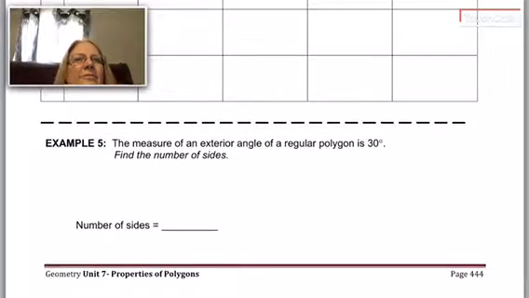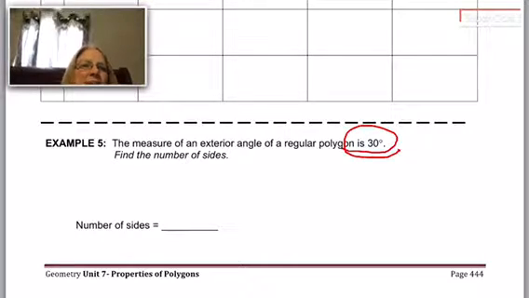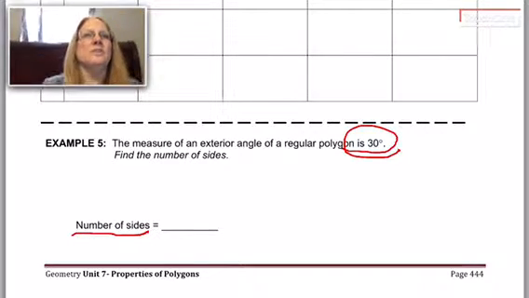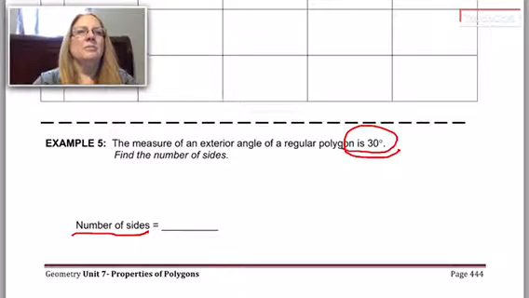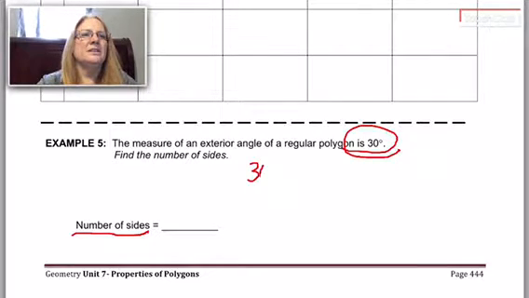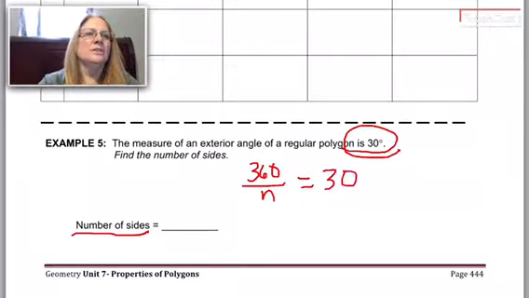All right. The measure of an exterior angle of a regular polygon is 30. So this is where they give us the answer, and they ask for the number of sides. Remember, the number of sides can never be a decimal, because you can't have half a side. The formula is 360 divided by n, and they tell us that it's equal to 30. So we want to get n by itself.